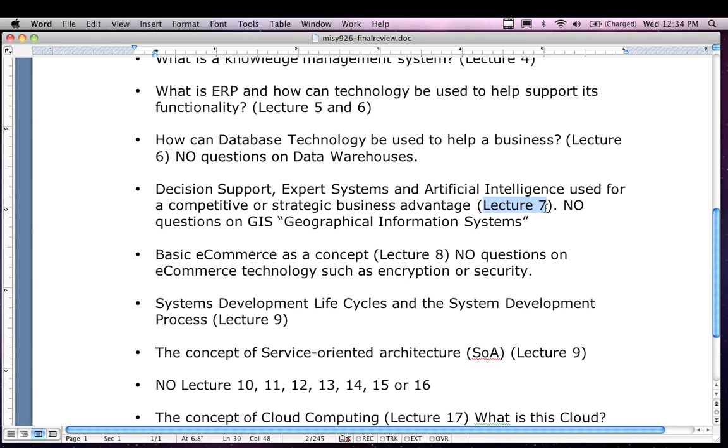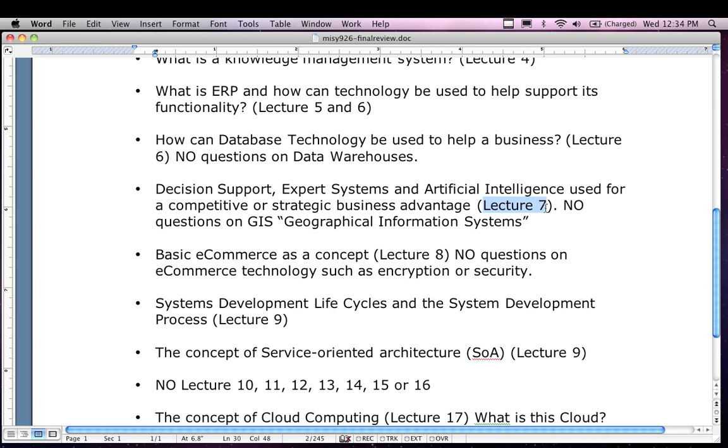Artificial intelligence, expert systems, and decision support systems are an interesting concept to keep in mind. No questions about graphical information systems. The question regarding artificial intelligence is basically its use to provide competitive or strategic advantages, being able to cross-sell, side-sell, run some statistics.